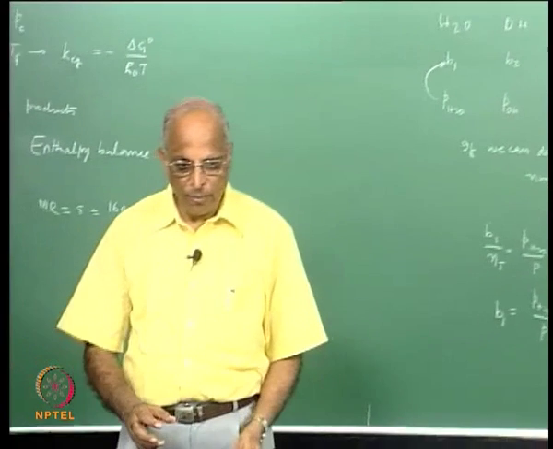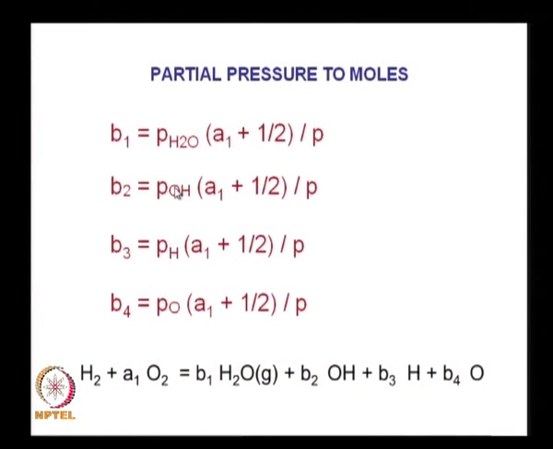Similarly, I get the value of B2 as the partial pressure of OH into the total number of moles divided by the total pressure, B3 in terms of pH into the total number of moles divided by the total pressure, and B4 as the partial pressure of oxygen atom into the total number of moles divided by the pressure. And what is it we have done? We have converted the partial pressures of H2O, OH, H and O into B1, B2, B3 and B4.